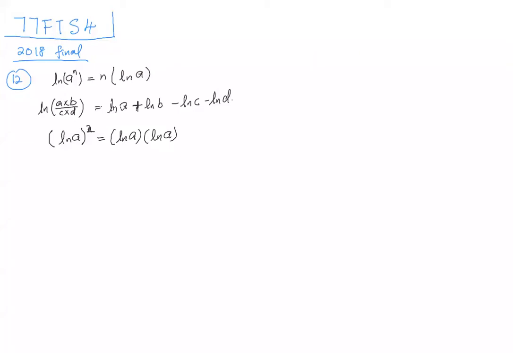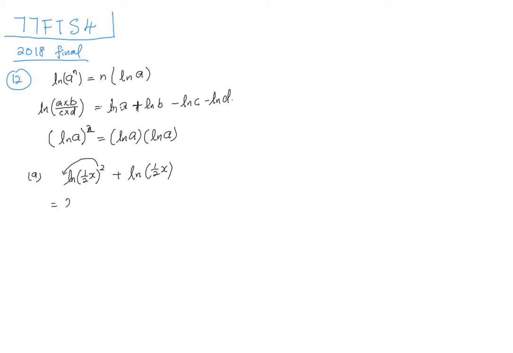Okay, so you need to have that in order to be able to do long questions. To do 12 part A, I have ln half x to the power of 2 plus ln half x. So I'm going to bring the 2 in front.